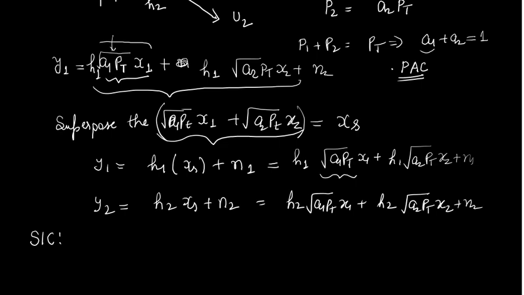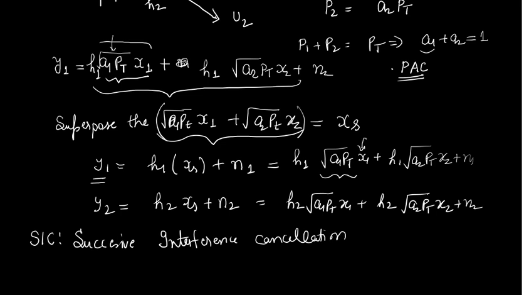So in NOMA, this SIC is a very important concept, successive interference cancellation. So what we have seen here is that Y1 receives the signal, the symbol intended for itself as well as for the other user. Similarly, user 2 also receives the signal corresponding to U1 and U2 both.